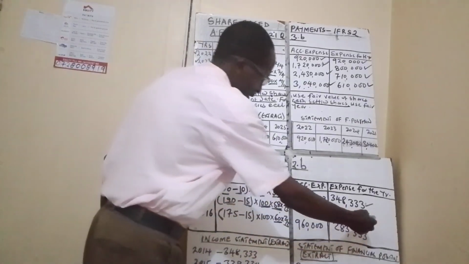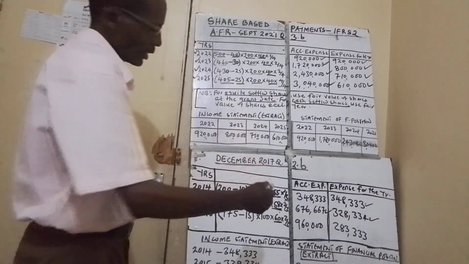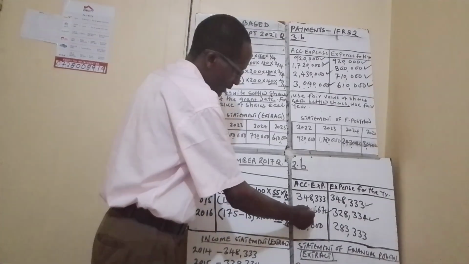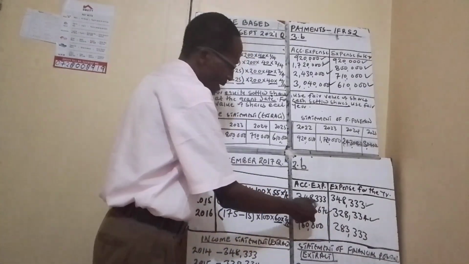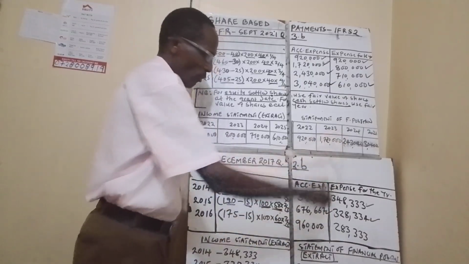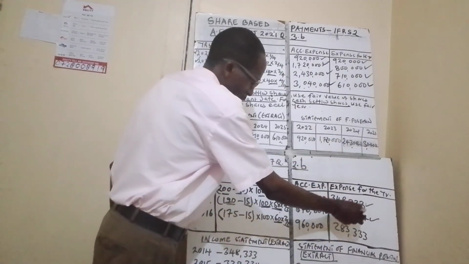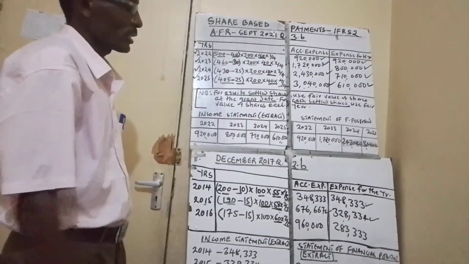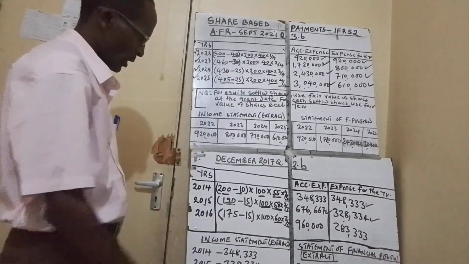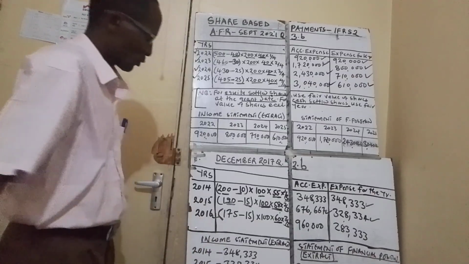Then to find the expense for the second year, you take 676,667 minus 348,303, and you get 328,304.